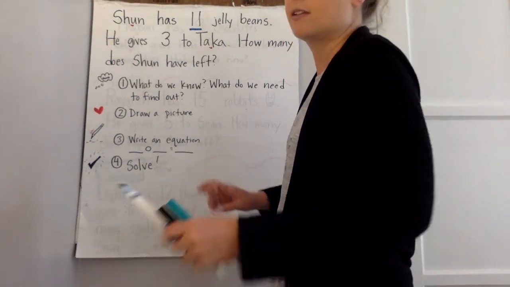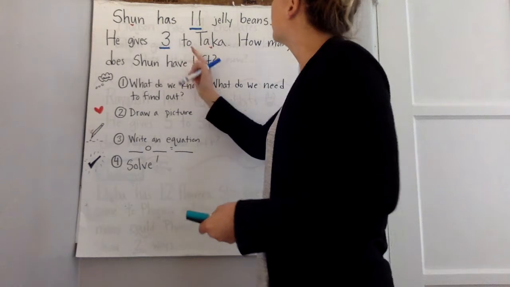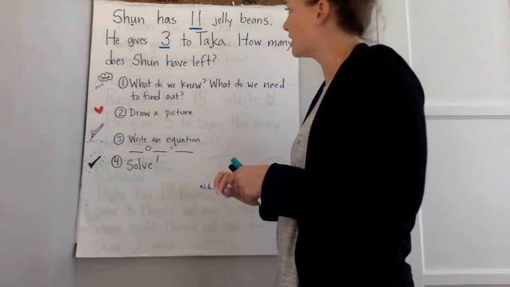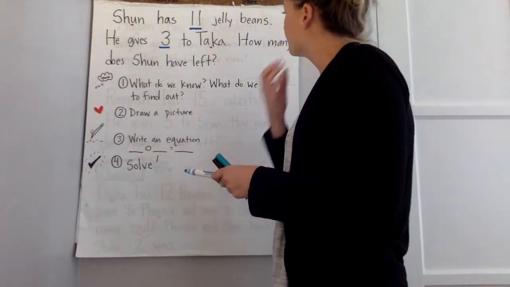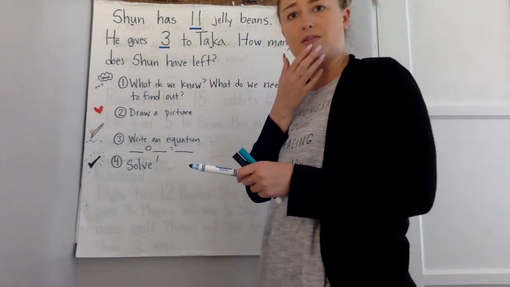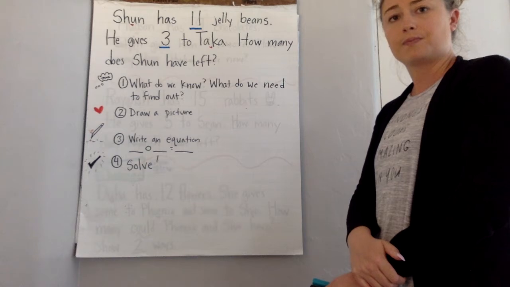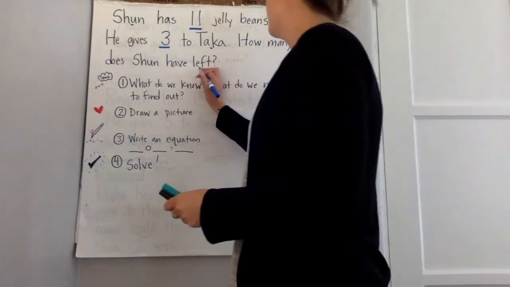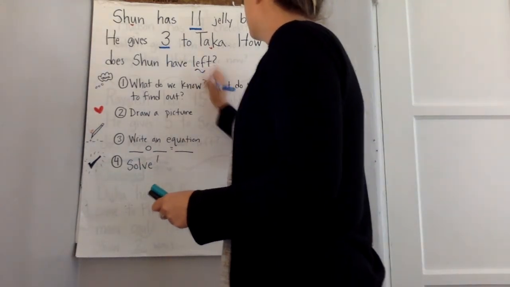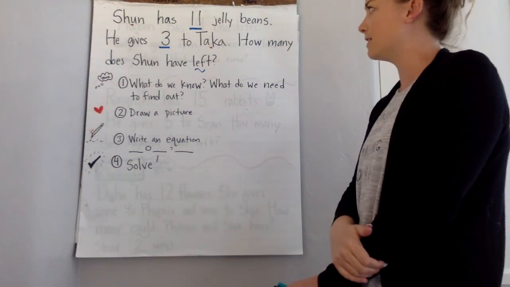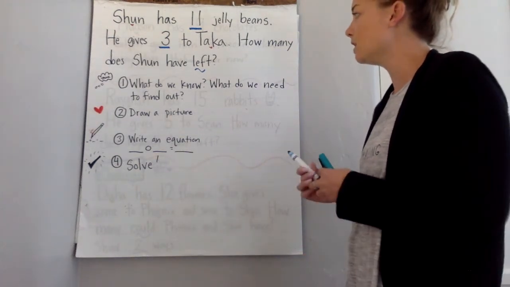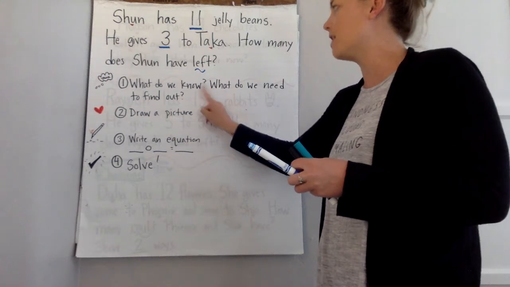He gives 3 to Taka, right? What are we trying to find out? You see the question? We're trying to figure out, friends, how many Shun has left, right? How many he has left after he gives 3 to Taka. Okay, so we've thought about what we need to find out and what we know.